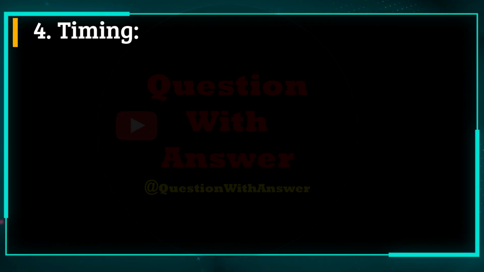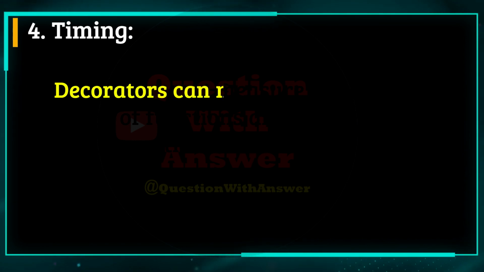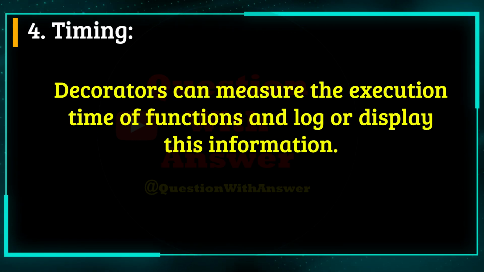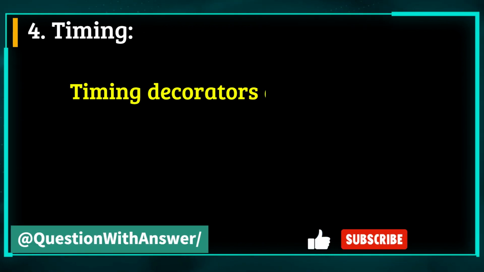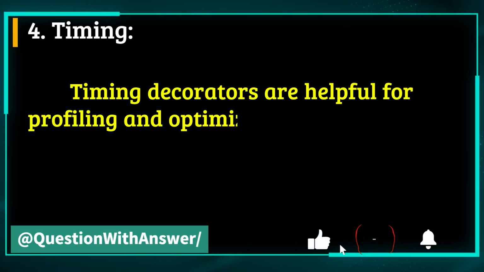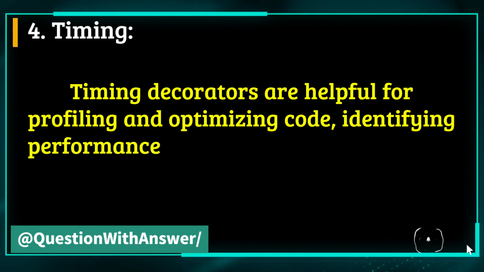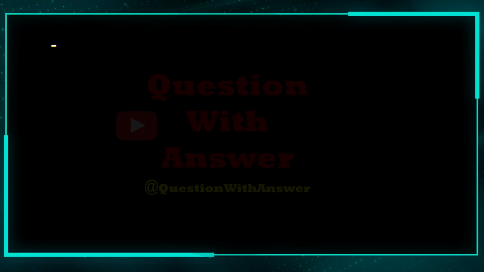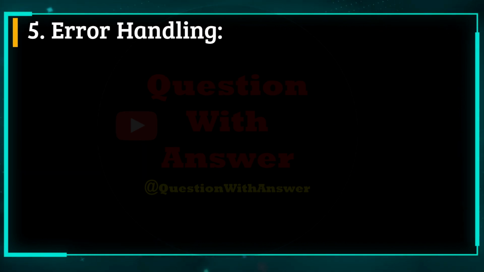4. Timing. Decorators can measure the execution time of functions and log or display this information. Timing decorators are helpful for profiling and optimizing code, identifying performance bottlenecks, and monitoring the efficiency of algorithms. 5. Error handling.